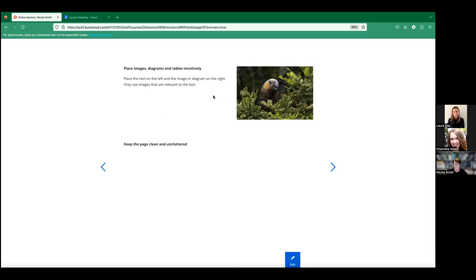You can use lots and lots of pretty images, but they need to be relevant. And keep the page clean and uncluttered. Some people worry that it all looks boring if there's lots of white space and it's looking very zen, like this, for example. Personally, I just find it restful, and it means it's easier to concentrate on what's going on. So try to decrease the busyness factor.